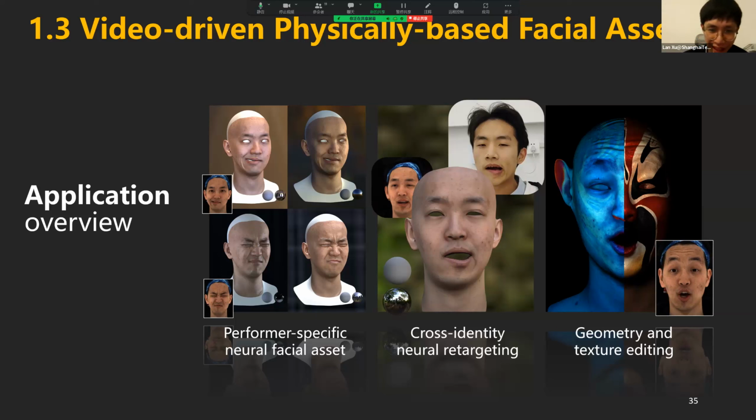We could just replace the encoder of the expressions with that of a different identity. So we could use the images or videos of performer A to drive the facial asset of performer B, to change its animations, to change its geometries.